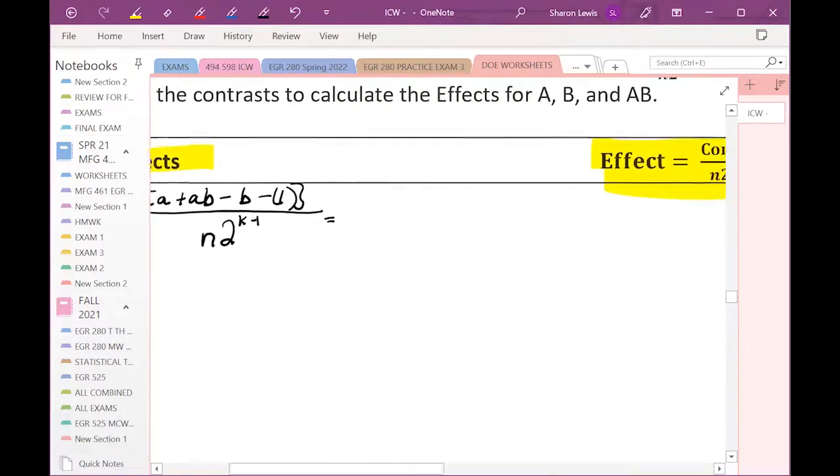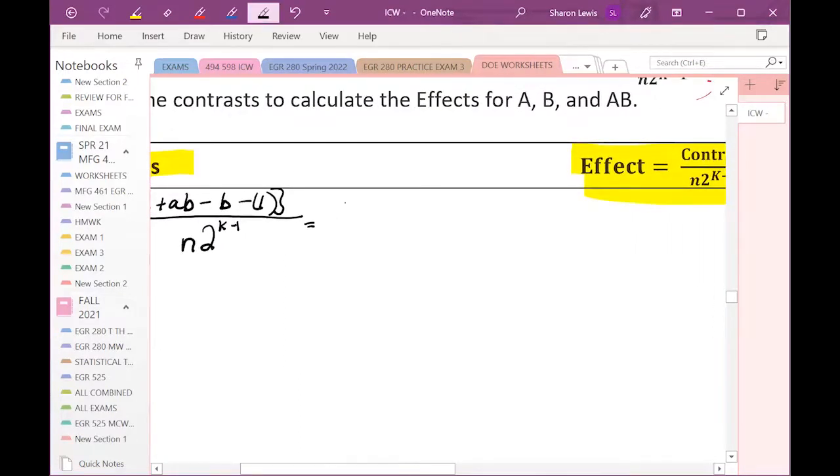Again, I'll only do this for the first one. That's 103 plus 118 minus, well, I'll do it in order, 76 minus 66. So there's our contrast. And then we had two reps, it's a 2 level, and we had 2 factors minus 1.